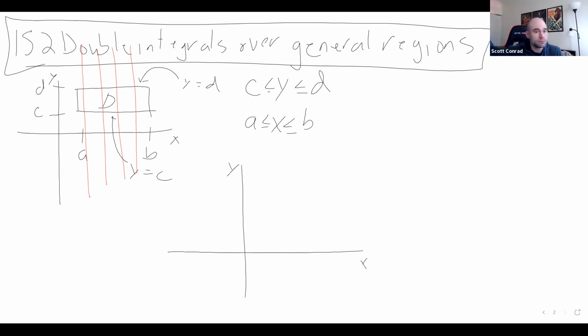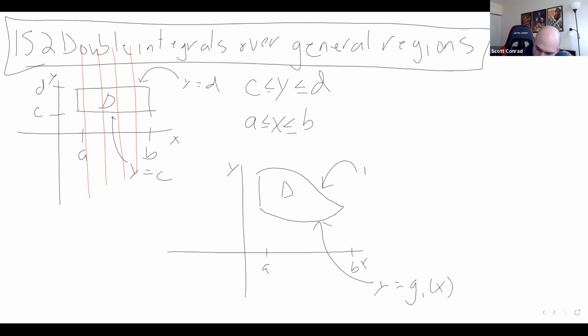Instead of having y just between y equals a constant and y equals a constant, we could have this region now bounded below by a curve y equals g1 of x, and above by y equals g2 of x. And to the left and the right, we just say x is bounded by numbers.